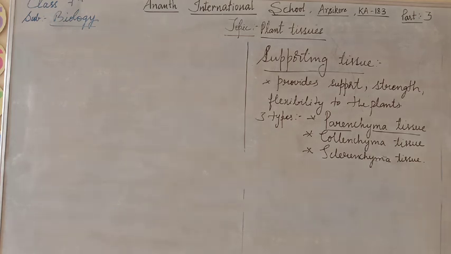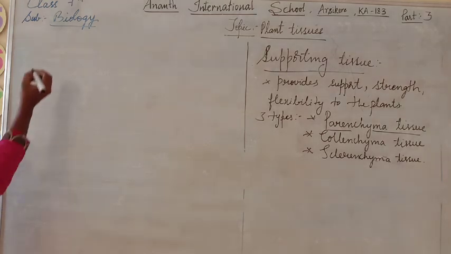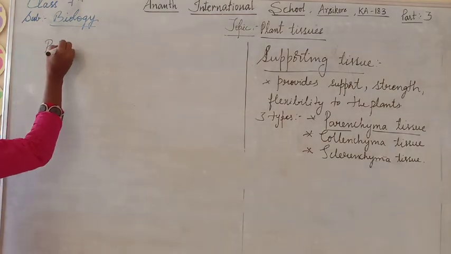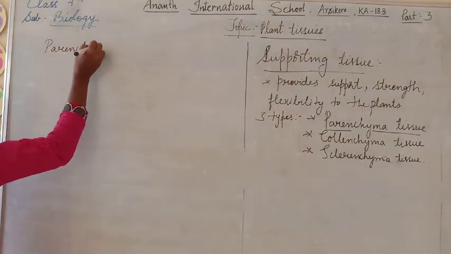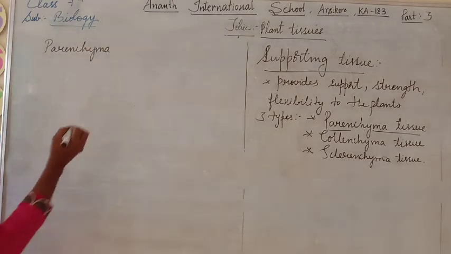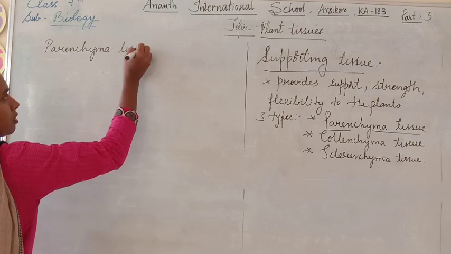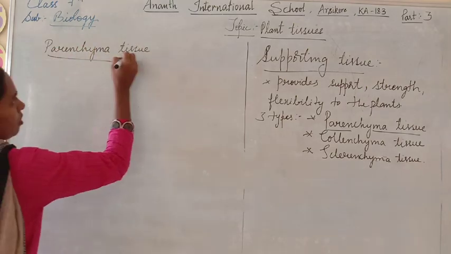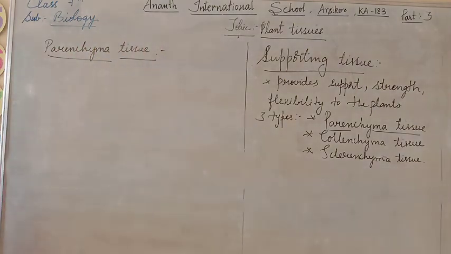Now we shall discuss the first type, parenchyma tissue. Tissue means a group of cells, so here also cells will be present in the parenchyma tissue.